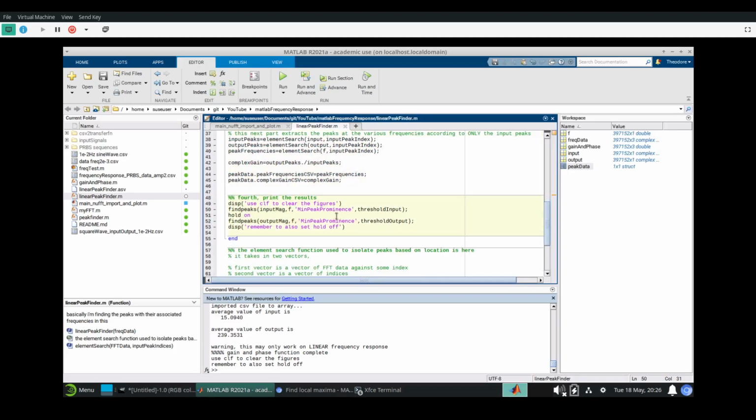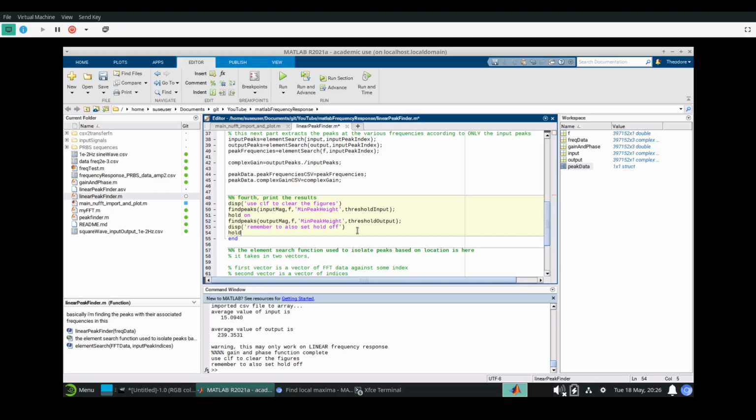Next thing I want to do is to print the results. I'll use clear figure to clear the figures. I will use again minimum peak height as the metric of measure, and just doing find peaks will actually plot the graph for us.